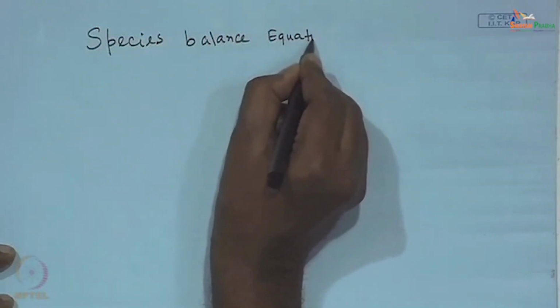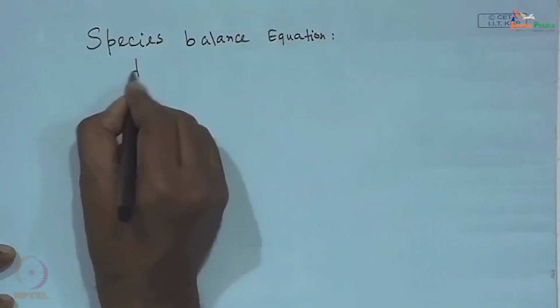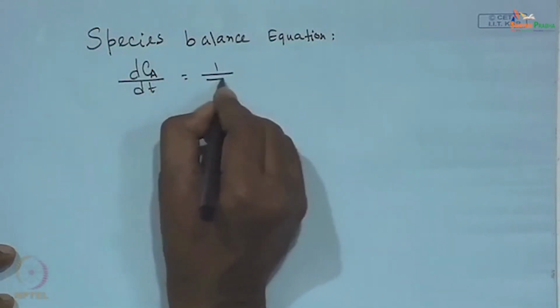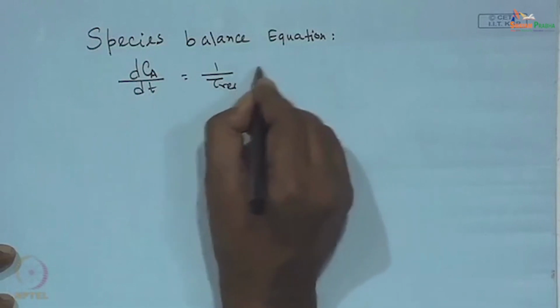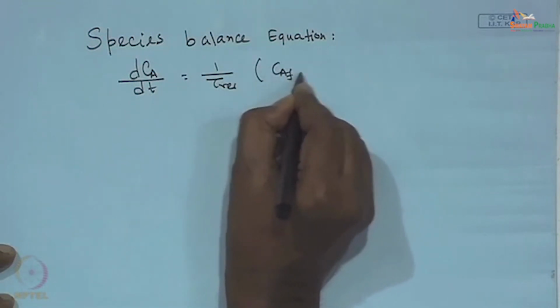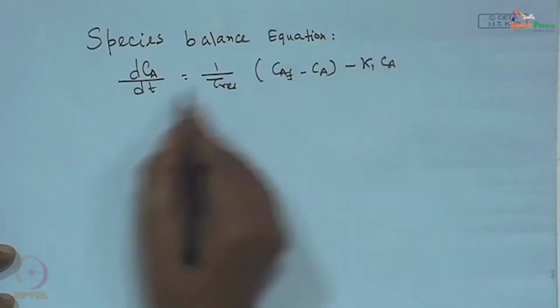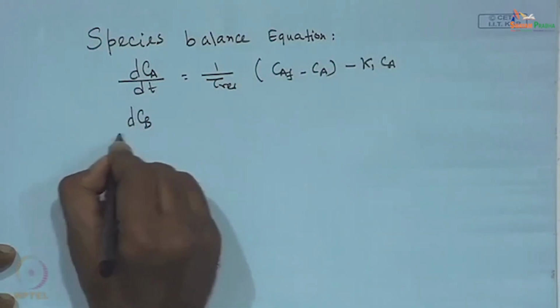This will be dCA dt is equal to 1 by tau times CAF minus CA, minus K1 times CA, that is the A balance.